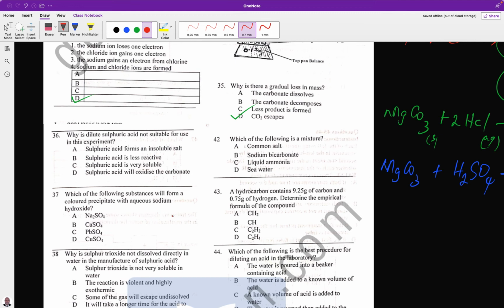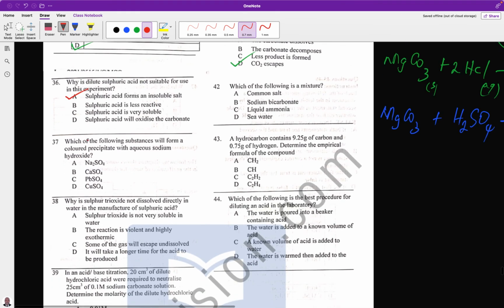The answer is A. So, as I told you, read the question, diagnose it, and deduce possible answers before visiting the answers given by the examiner.